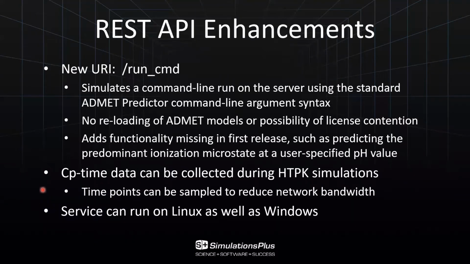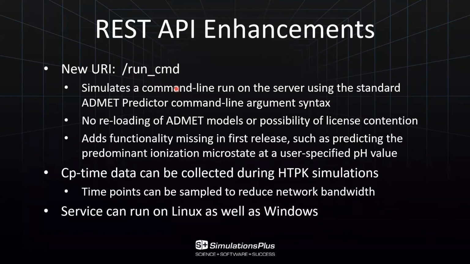We have added new functionality to the REST API, which was first released in ADMET Predictor 10.3. So there is a new API method called run command that will simulate a command line run on the server using the standard ADMET Predictor command line argument syntax.